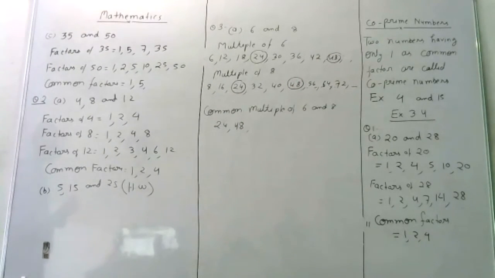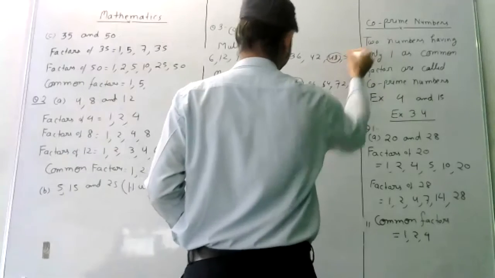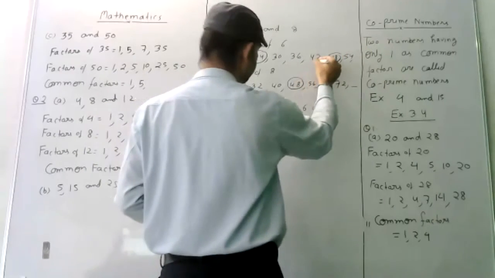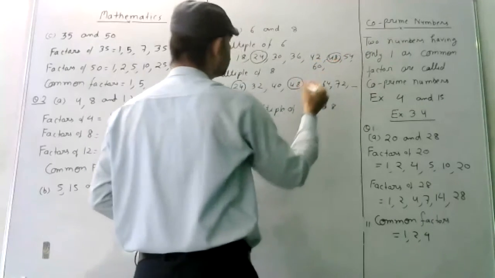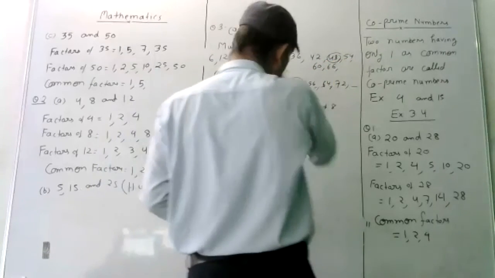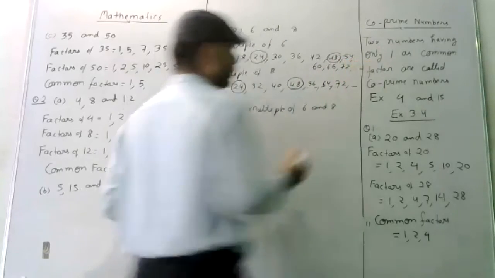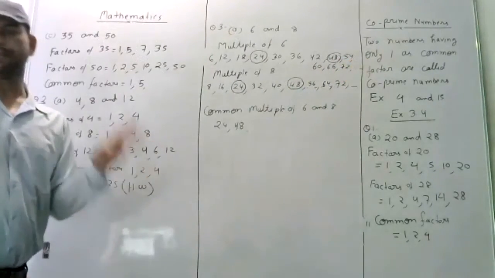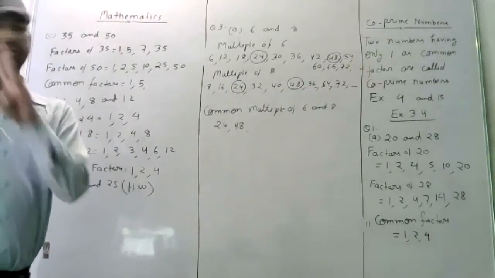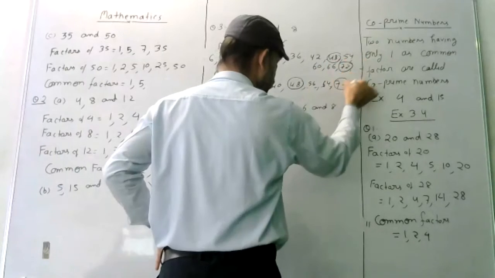And here 54, 60, 66, 72 and so on. And third multiple, we have to find first three multiples.